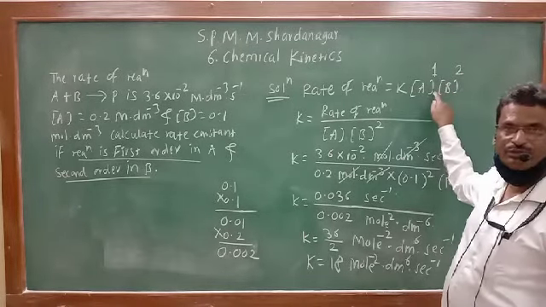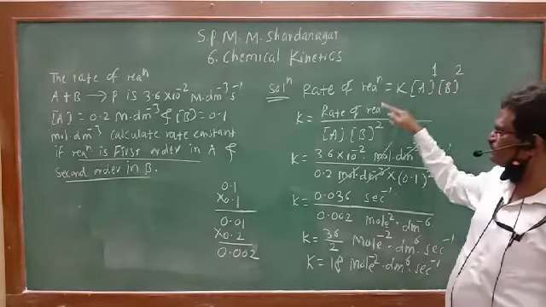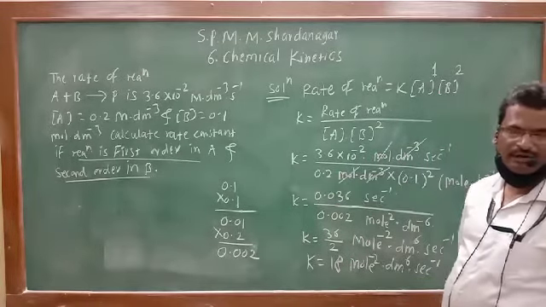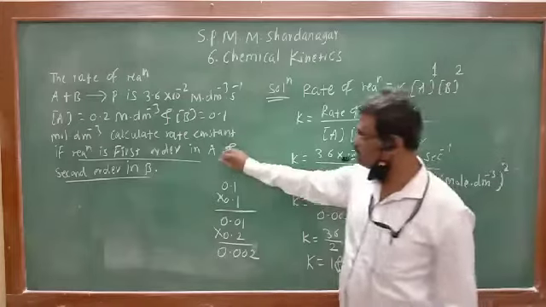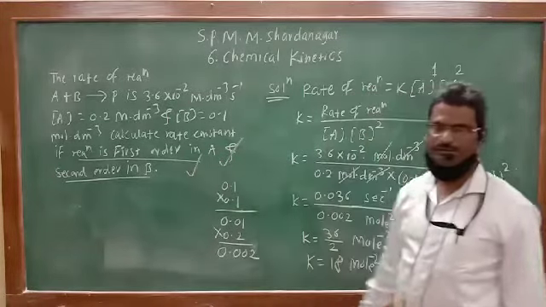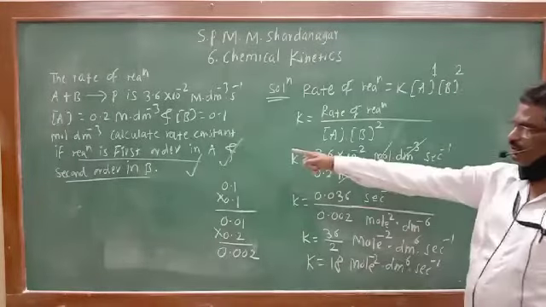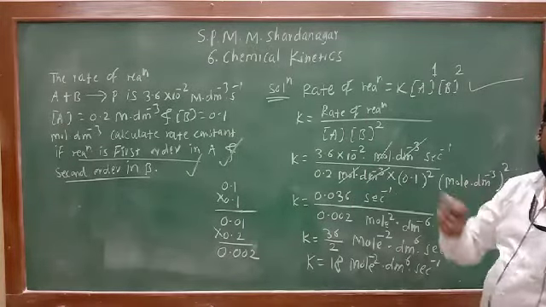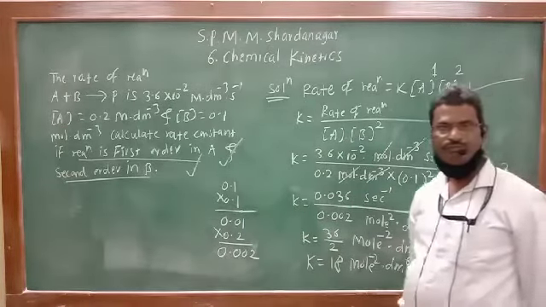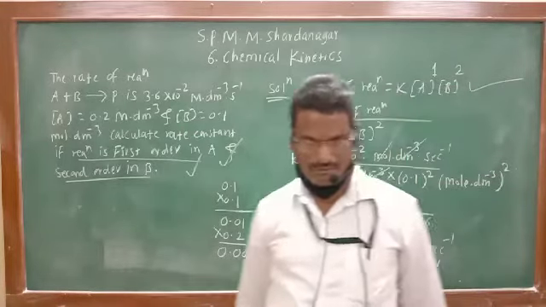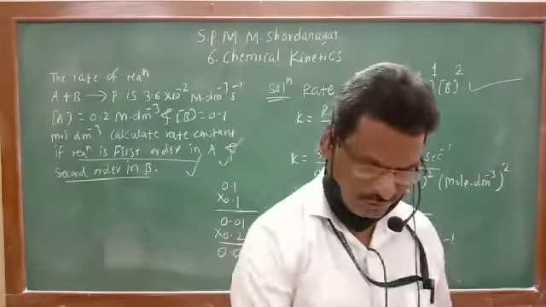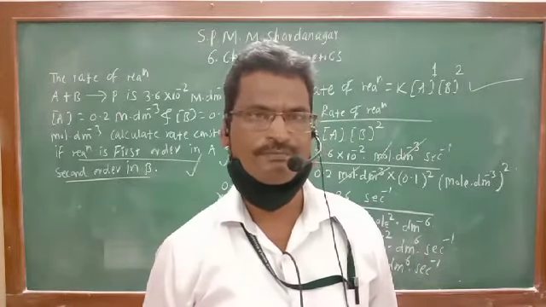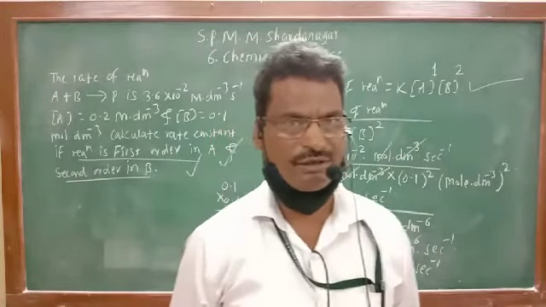After writing this only, we can substitute the values and calculate the rate constant. Therefore, this point is highly important, because by knowing these points we can write this type of equation. And the remaining problems given at the end of the chapter we will solve after the completion of the chapter.